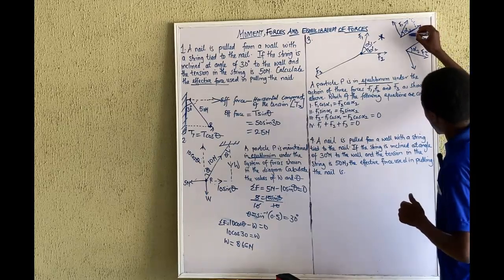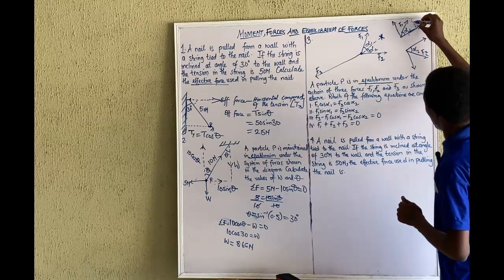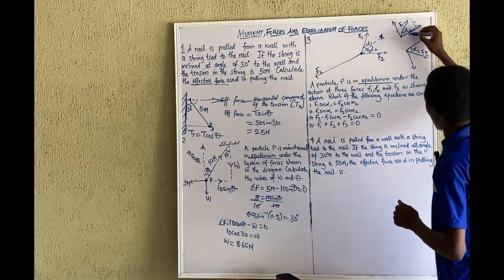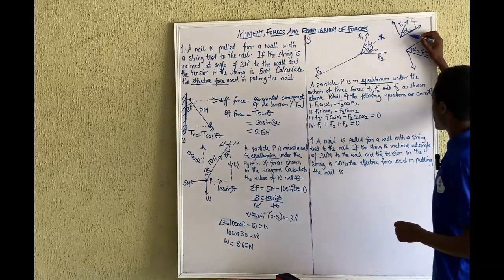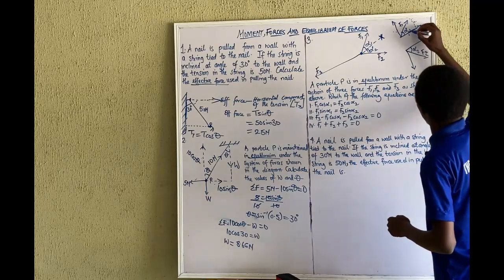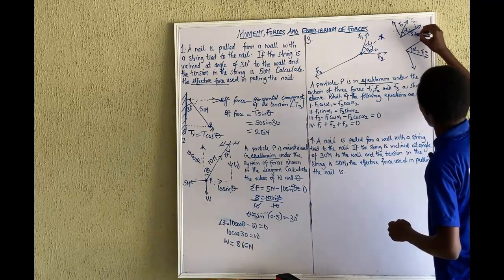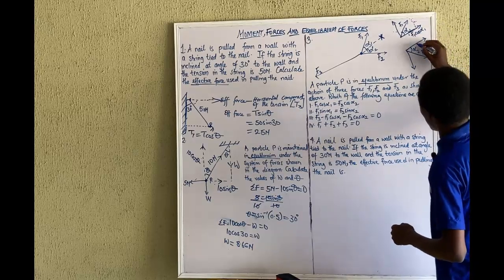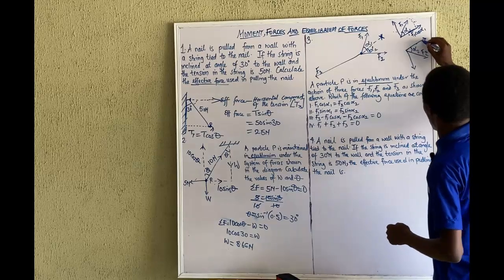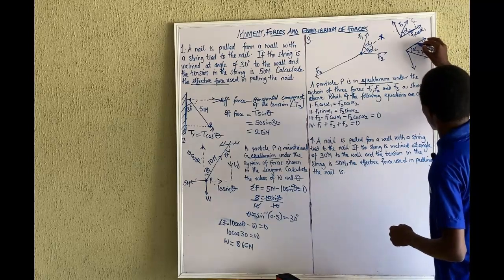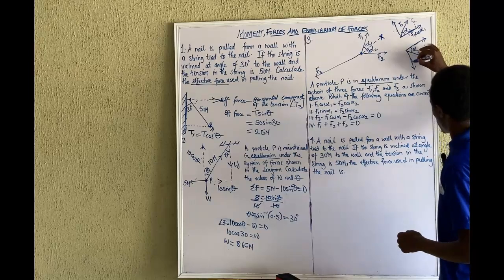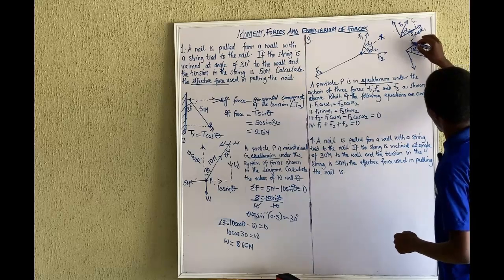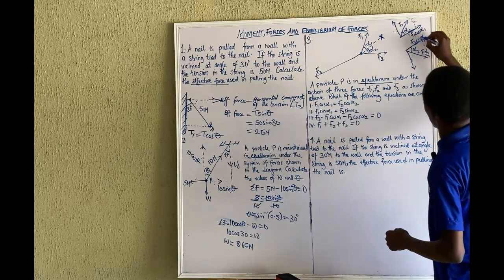This is the adjacent. Adjacent, I use cos. F1 cos theta 1. Adjacent is the same thing. That means F2 cos theta 2.